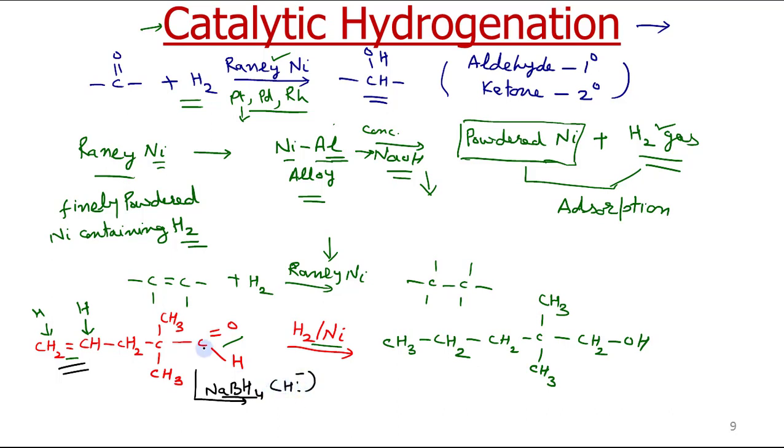Now a nucleophile can attack the carbonyl group because it has this polarity, partial positive partial negative, but it cannot attack C double bond C because they undergo electrophilic addition. They can add electrophiles, not nucleophiles. So C double bond C is not reduced with sodium borohydride. The product is CH2 double bond CH. It will remain as it is.